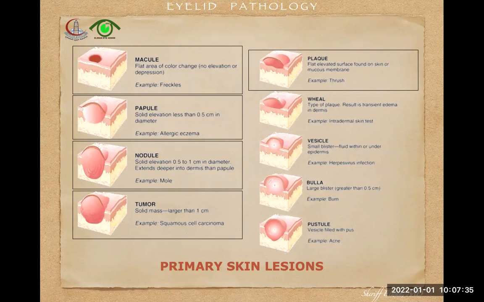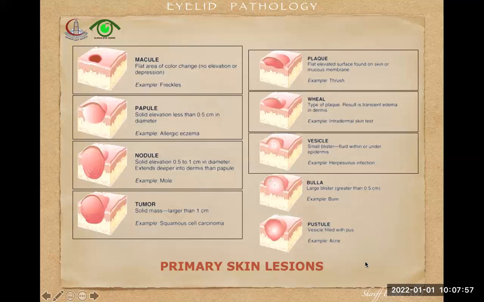And there is the wheal, which is a type of plaque. The wheal here is a type of plaque, but with surrounding edema. It's not just an elevation, but surrounded by edema.